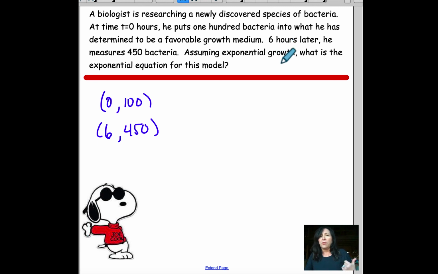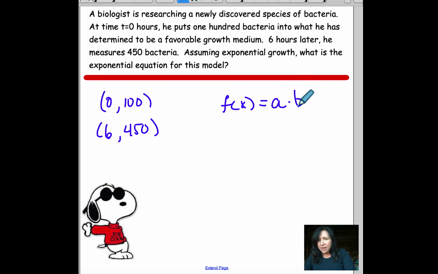So again, we want to find the exponential equation for this. In doing that, we would say, okay, we've got f of x is equal to a times b to the x power. You could change f of x to be b of x or whatever for bacteria, whatever letter makes you happy.